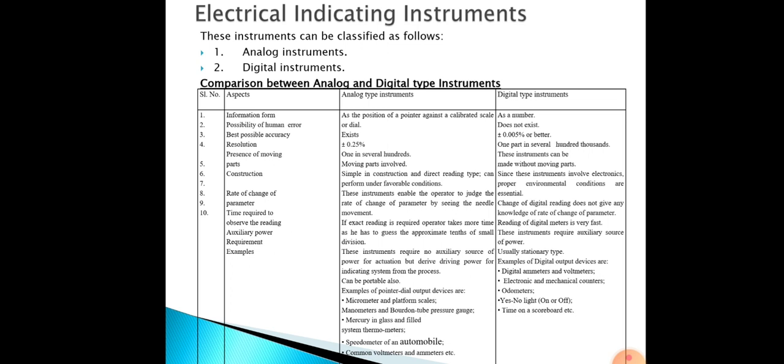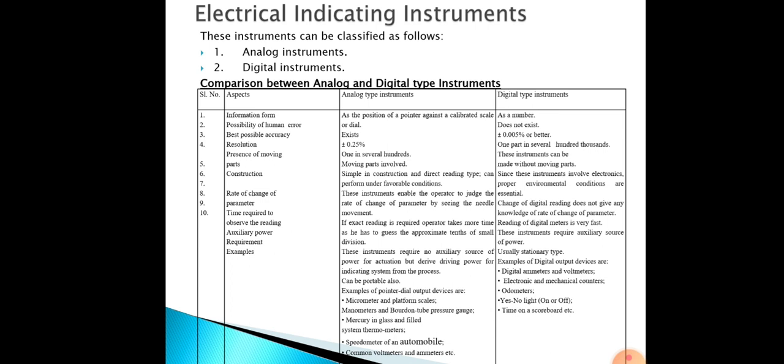Then the presence of moving parts. In analog, moving parts are involved. Digital instruments can be made without any moving parts. Analog instruments are simple in construction, direct reading type, and can perform under favorable conditions. Since digital instruments involve electronics, proper environmental conditions are required.